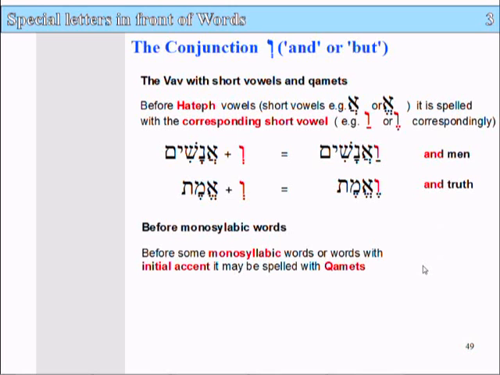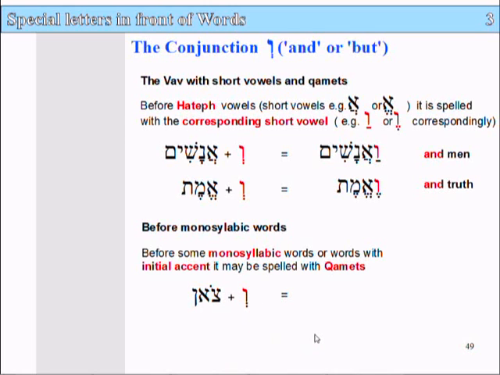Now, before some monosyllabic words or words with initial accent, it may be spelled with kamets. So the word tzon, we add a vav to it.